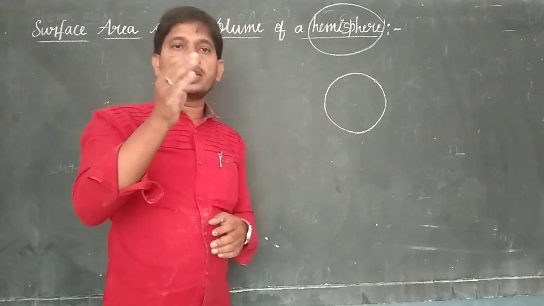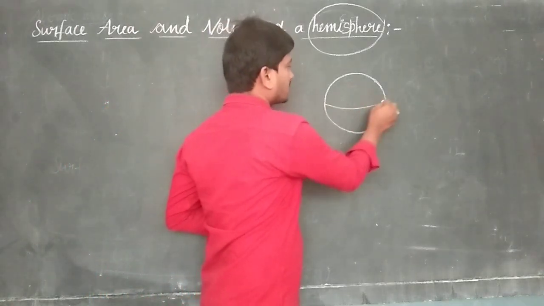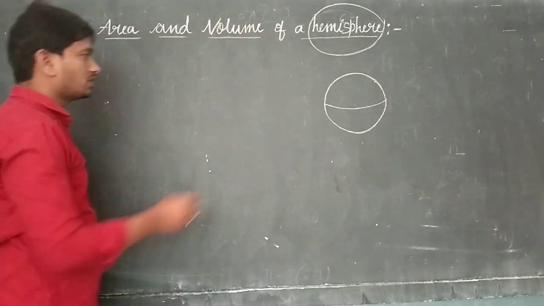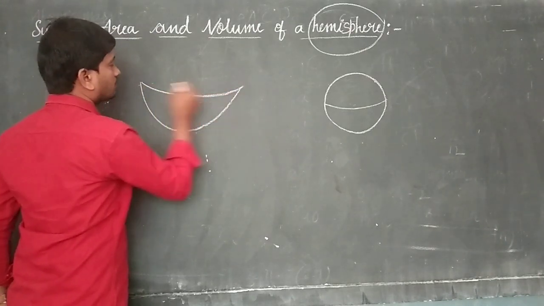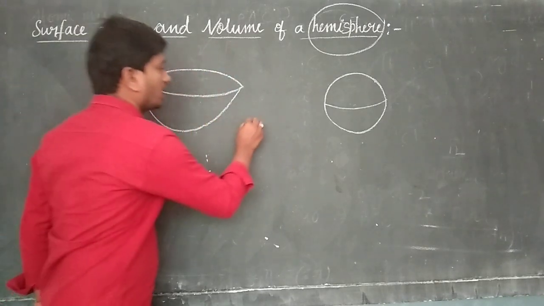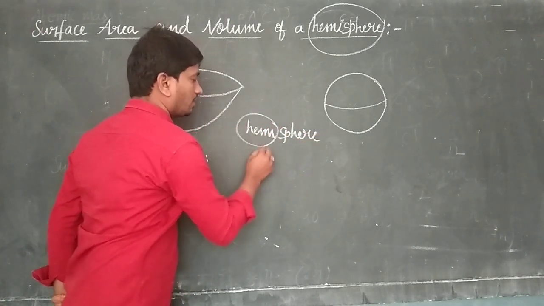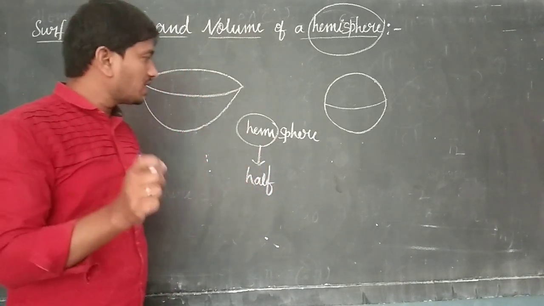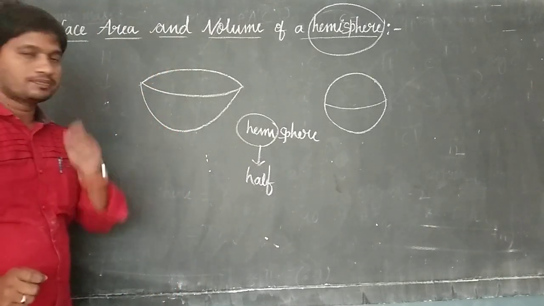If you cut the orange into two pieces, you will get a hemisphere. So this is the shape of a hemisphere. A hemisphere is nothing but exactly half of a sphere.